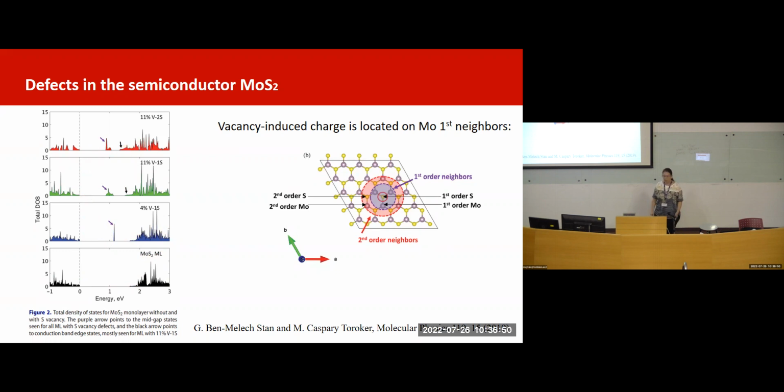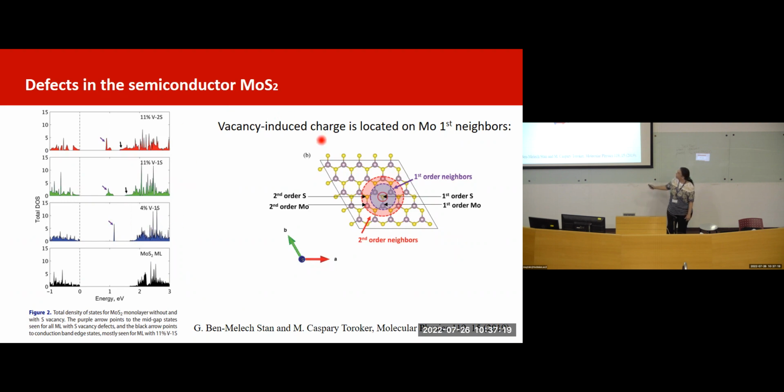These are defect states that arise from the vacancy. And on the right, you can see some analysis of the atoms close to the vacancy. So we have the nearest neighbor molybdenum atoms close to the sulfur vacancies, and they are the ones actually having another surface trap state.